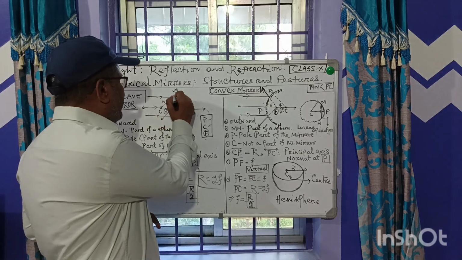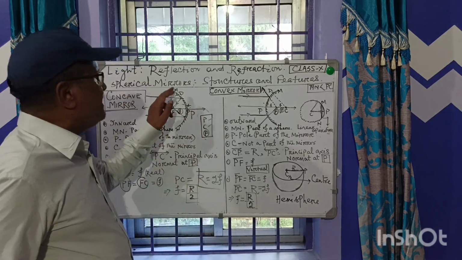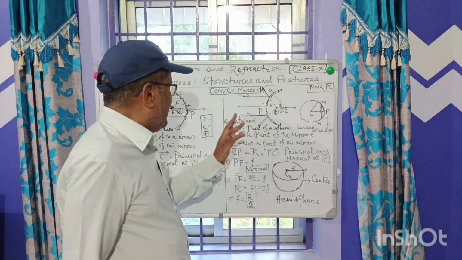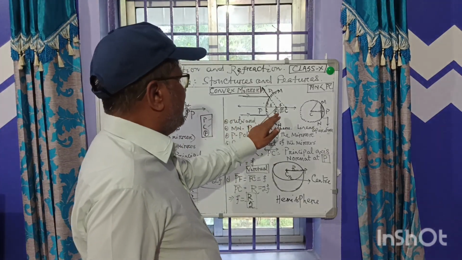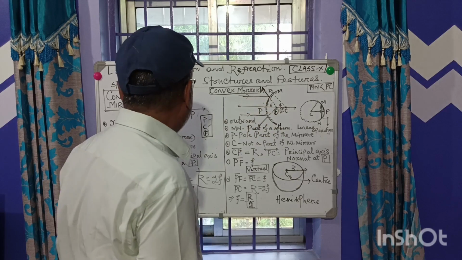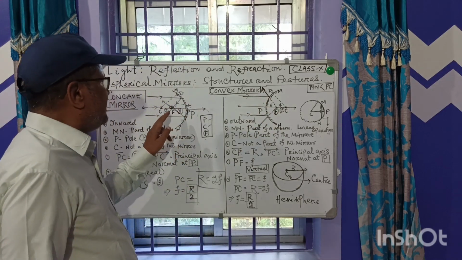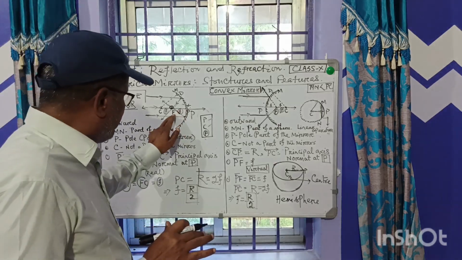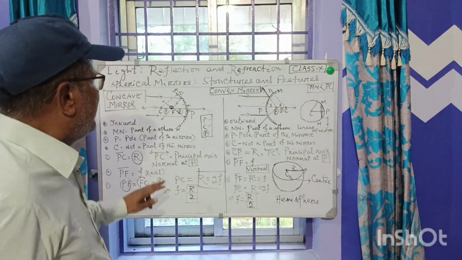And CD is equal to PC, so CD is just called radius of curvature. But you see, we find some deviations here because F is in front of the mirror. So this principal focus is real.